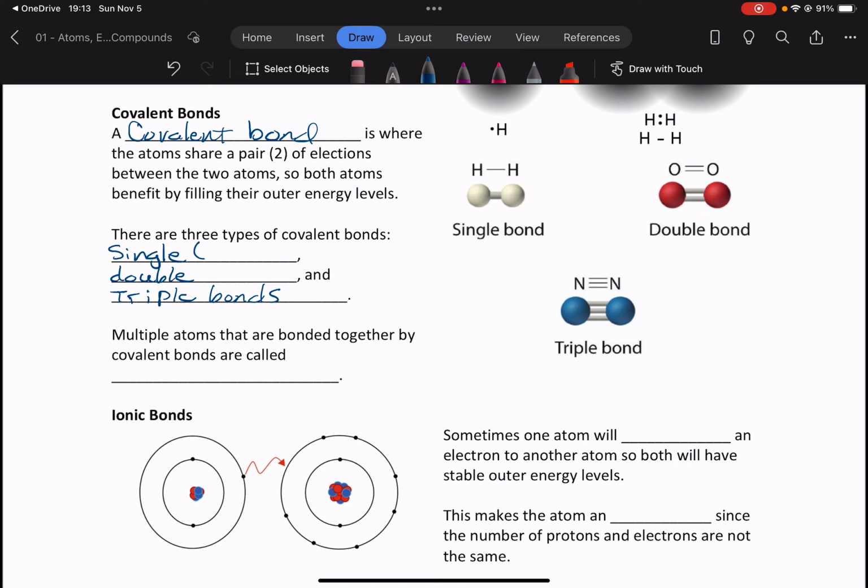A single shares 2 electrons, a double shares 4, and a triple shares 6 electrons.